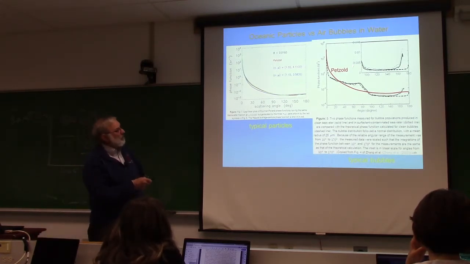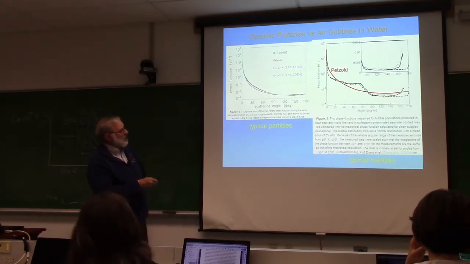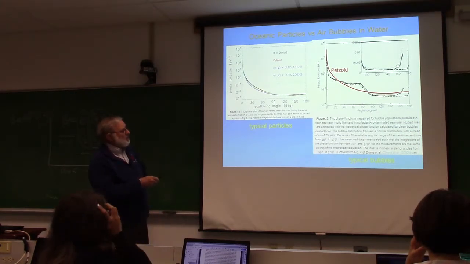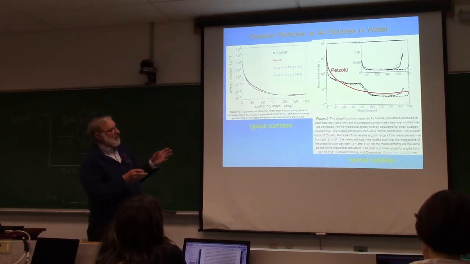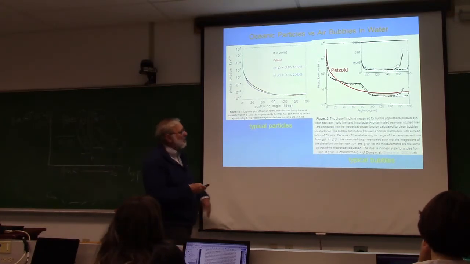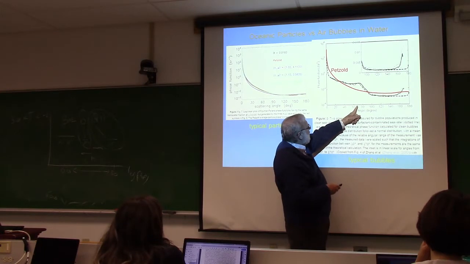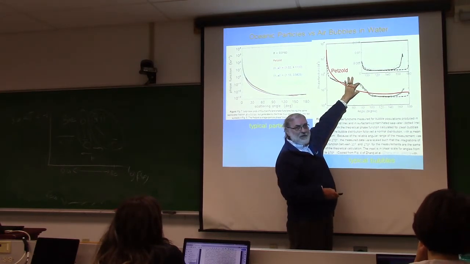Here's for air bubbles in water. There's this Petzold curve, and here's measurements of the actual VSF for air bubbles in water. Well, you kind of look at it and say, yeah, they're sort of the same. But really, remember, if we come out here, that's an order of magnitude difference.